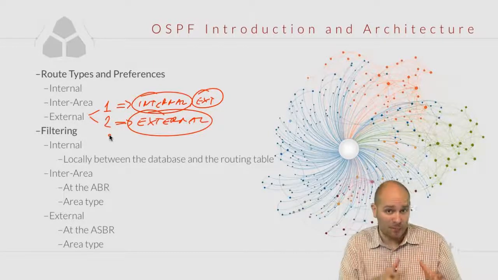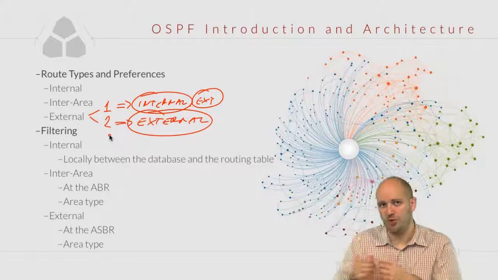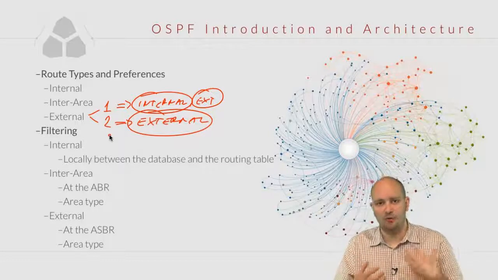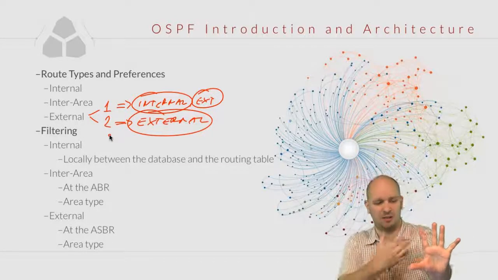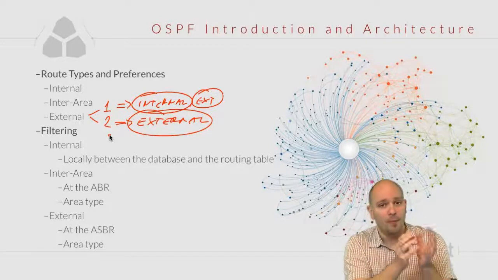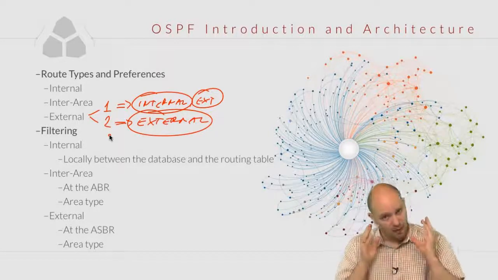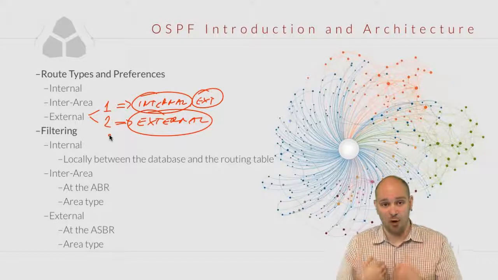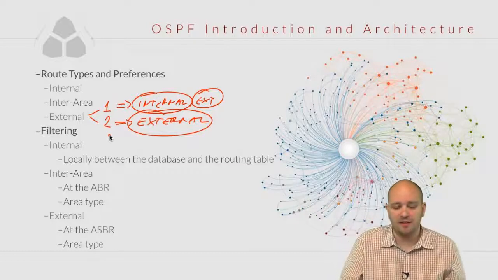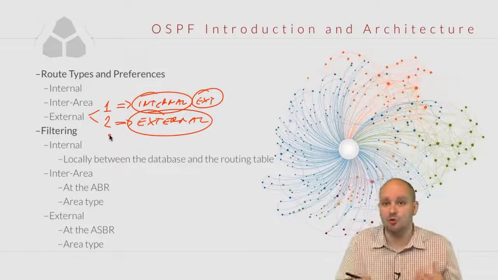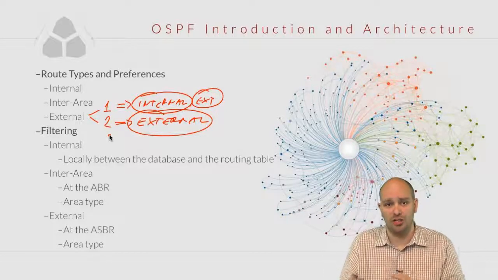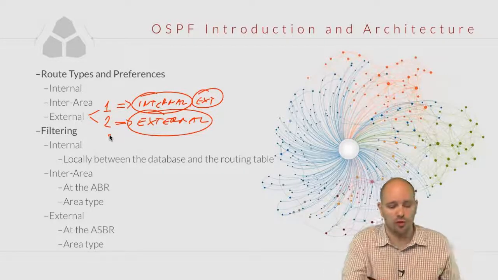So in a case of type 2 metrics for the external routes, we are going to give a little bit more preference to the routes that are cheaper on the outside, but we don't care how much it costs us to actually reach the ABR. But for type 1 metrics, we actually do care what is our cost to reach the ABR. So again, OSPF gives you the capability to give preference to one or the other type of calculation depending on what you are trying to do in your network.